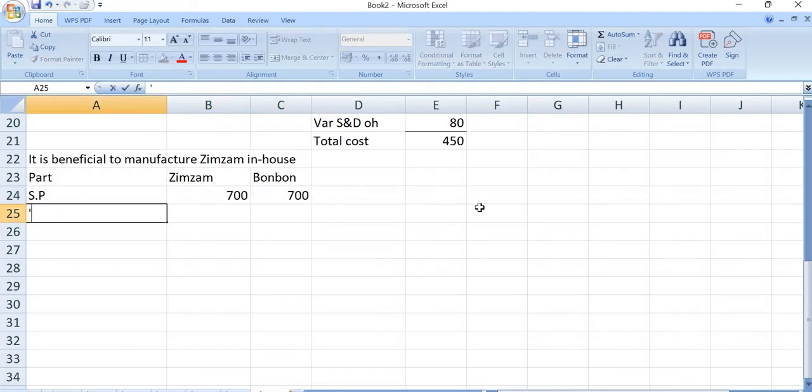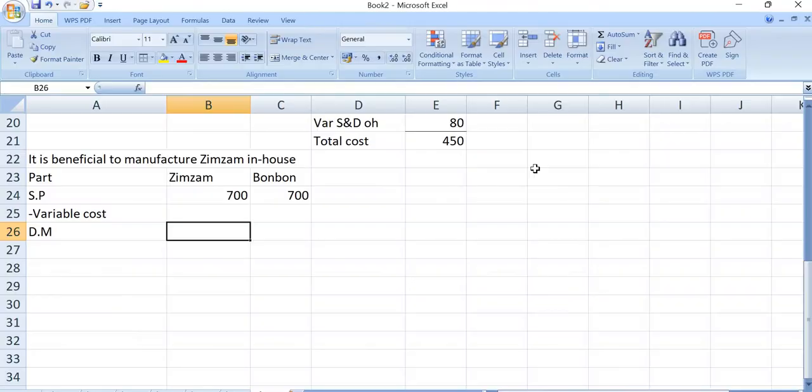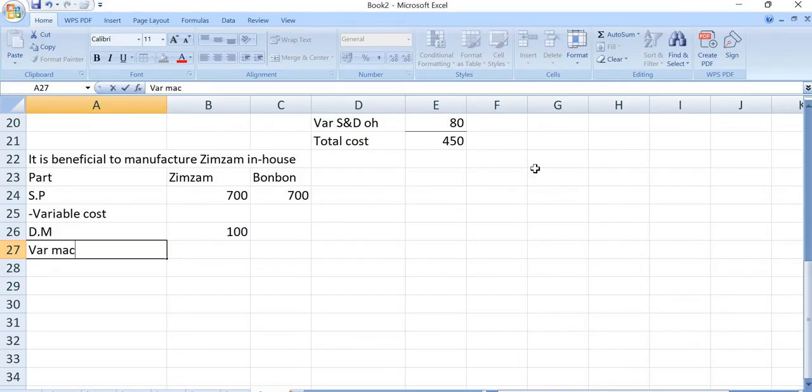Then less variable cost. Direct material we have already taken as 100 for Zimzam. Variable machine operating cost 150.